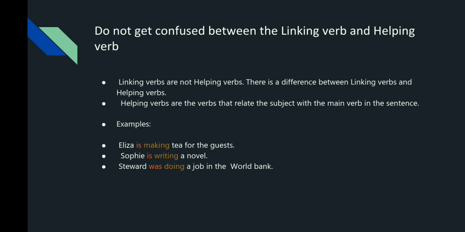Okay, while on the other hand we have seen linking verbs. These are the verbs that develop relationship between the subject to the rest of the information given in the sentence. While discussing helping verbs, we have seen that these are the verbs which develop a relationship between the subject and the main verb of the sentence. Okay, I hope your concept has become clear.